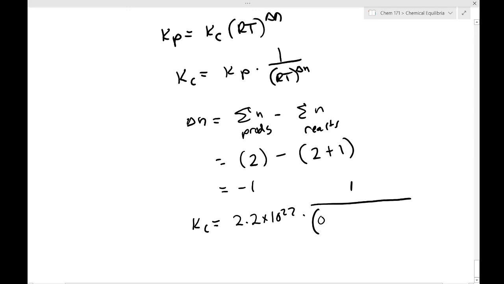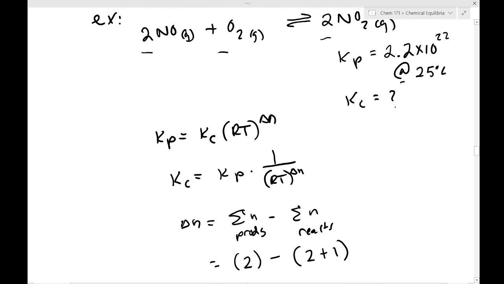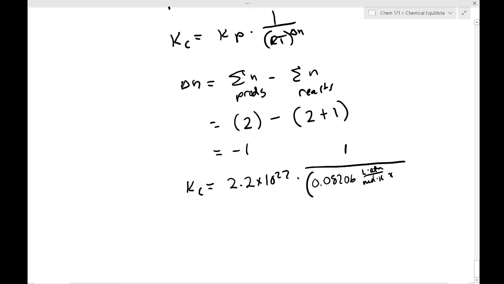So let's do 0.08206 liter atmospheres per mole Kelvin multiplied by the temperature, which is 25 degrees C. That was given to us up here, which in Kelvin is 298 Kelvin, raised to the delta N, which is -1.